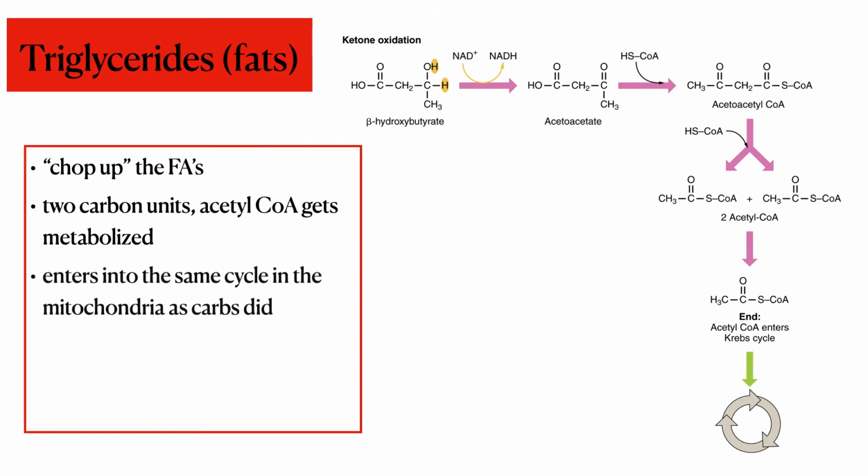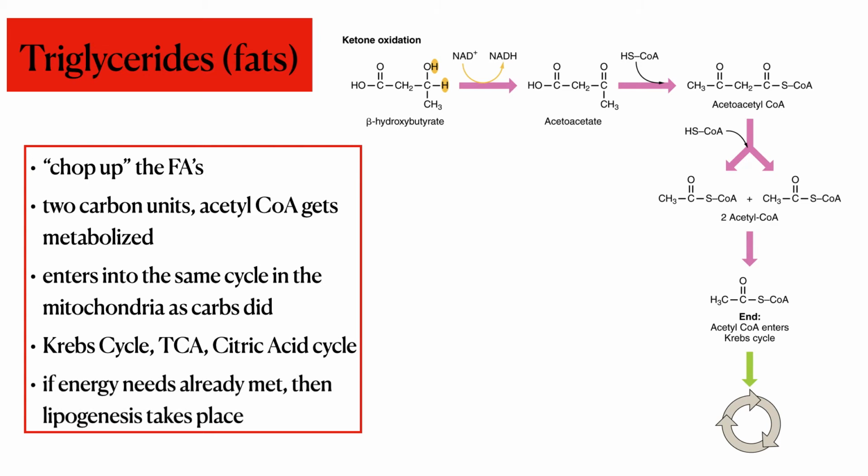And acetyl-CoA is metabolized very much like sugars or carbohydrates were, and they go into the mitochondria and enter the same metabolic cycle that's known as Krebs cycle, or the TCA, which is tricarboxylic acid cycle, or also called the citric acid cycle. And we're going to extract energy and produce ATP, because again, cells have a sort of energy currency. ATP is the primary one.